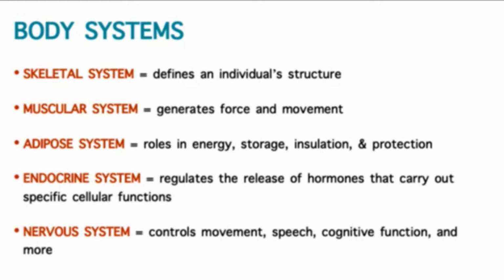But remember that our heart also generates force and movement in terms of pumping blood throughout our body. And smooth muscle, which usually is located in our organs, is responsible for generating force and movement of food, right? And other byproducts of digestion through our GI tract. So force and movement is the most general function of the muscular system.